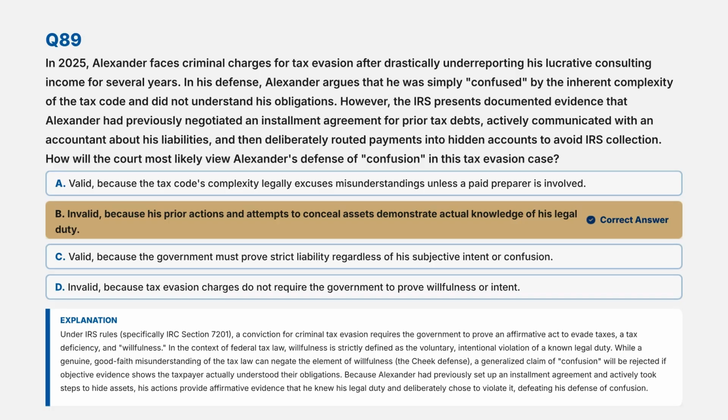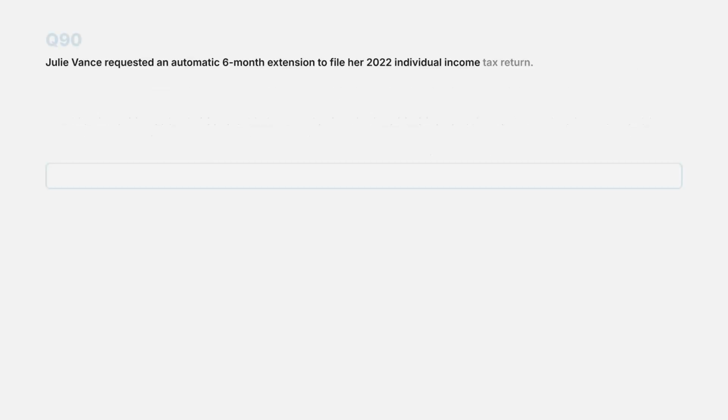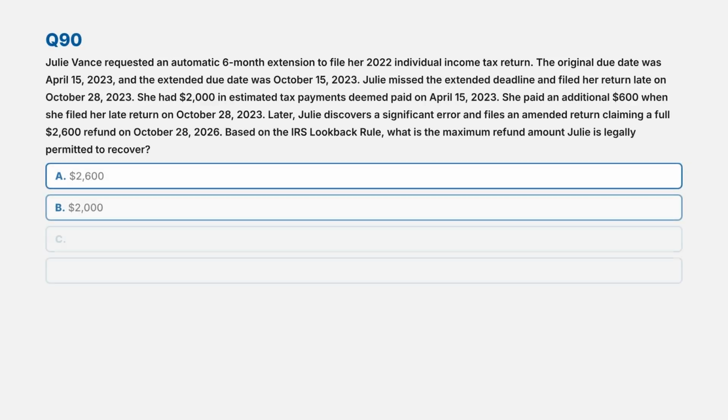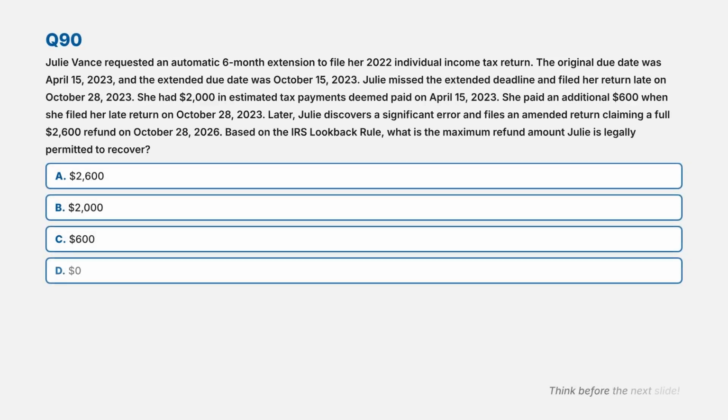Excellent. Now let's move to our final question. Question 90. Here's our last scenario. Julie Vance requested an automatic 6-month extension to file her 2022 individual income tax return. The original due date was April 15th, 2023, and the extended due date was October 15th, 2023.